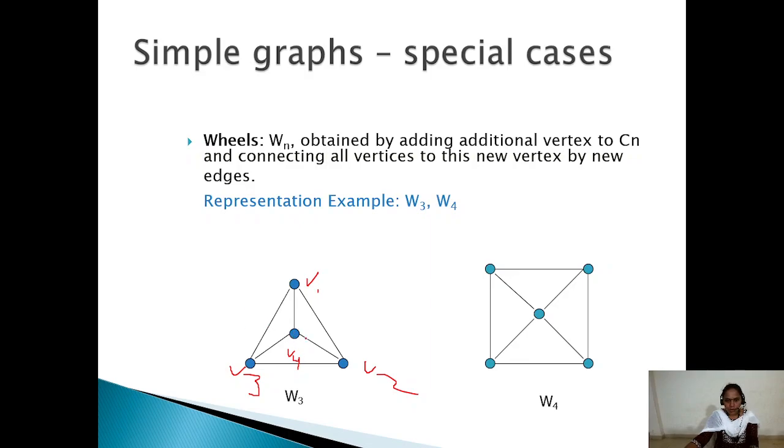This is the new vertex. This new vertex is connected to all vertices: connected to V1, connected to V2, V4 is connected to V3. This is one wheel. See, this is one example. A, B, C, D.